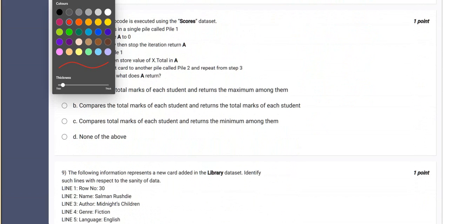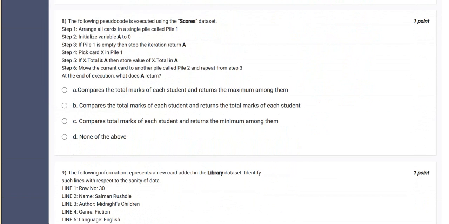Now coming to question number 8. This is used on the scores dataset. Arrange all cards in a single pile called pile 1 and A is 0.